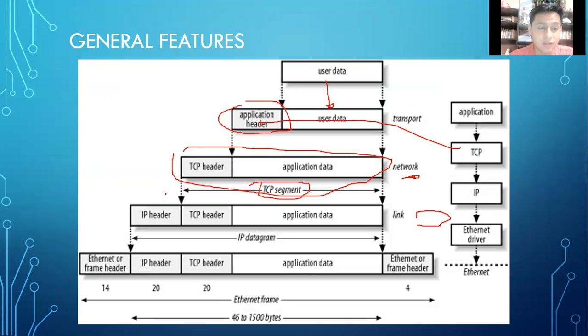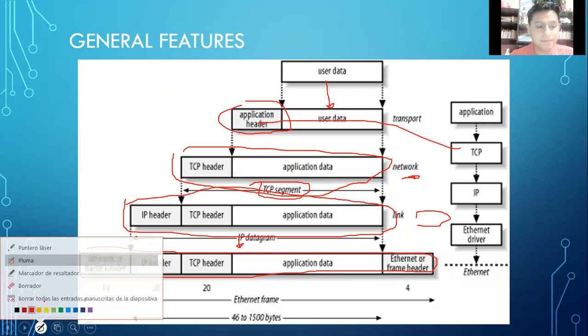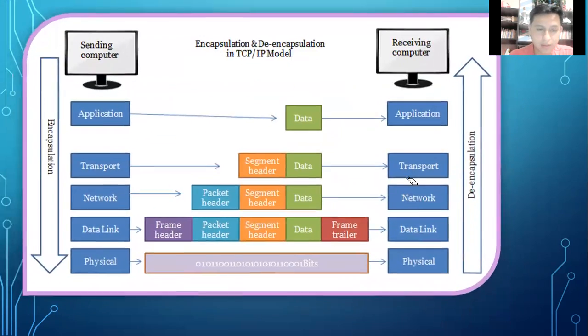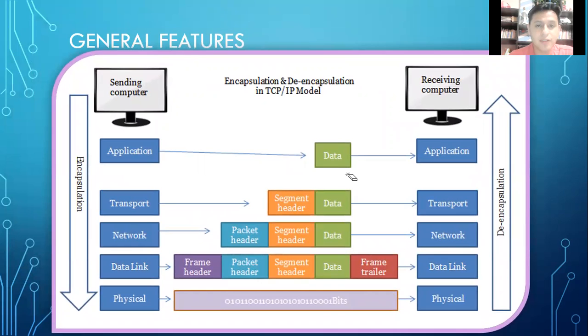Next, it is delivered to the data link with the IP header, and the last step is to deliver this frame to the physical layer. This is the encapsulation overview.